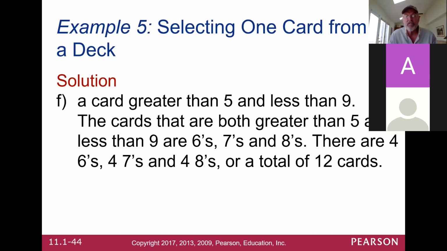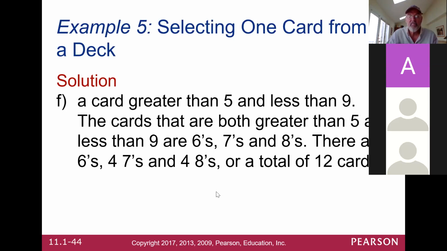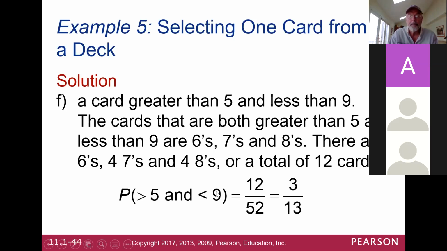That would be 6, 7, and 8. And that would be, again, 3 different cards, and that would be 12 cards over 52. Questions about that?